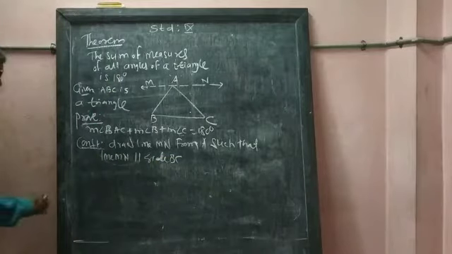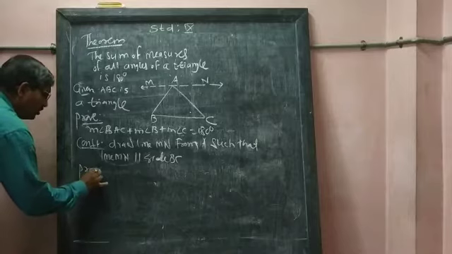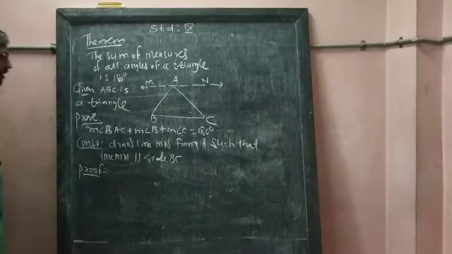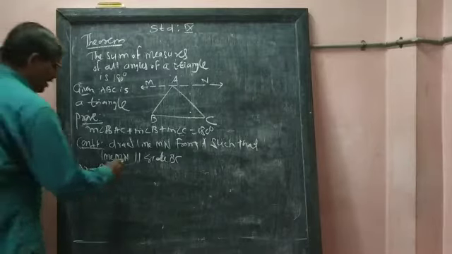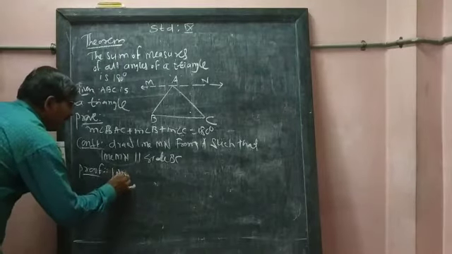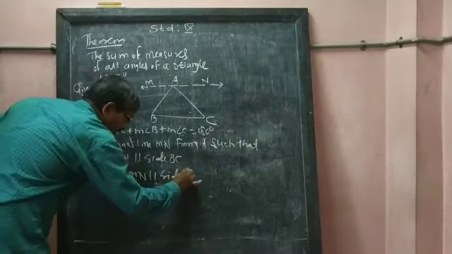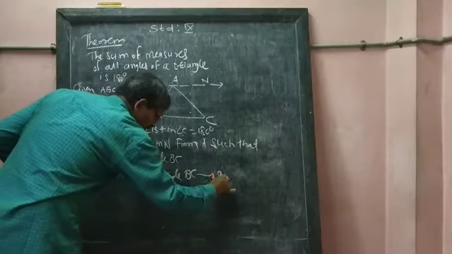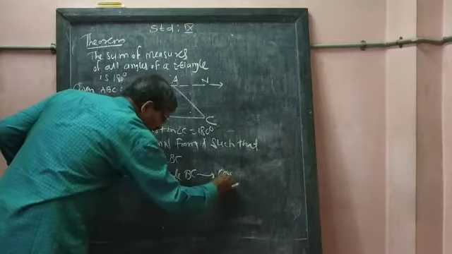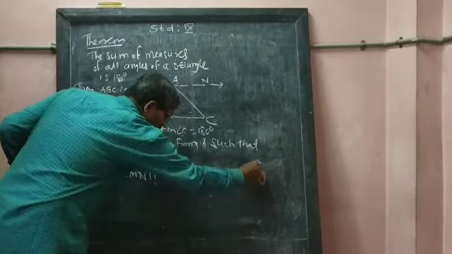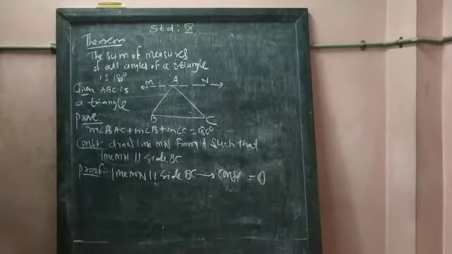Now proof. We will prove how the sum of all angles of a triangle is 180 degrees. This is a very important theorem, so attend carefully. Now here I am writing line MN parallel to side BC. It is construction number one.